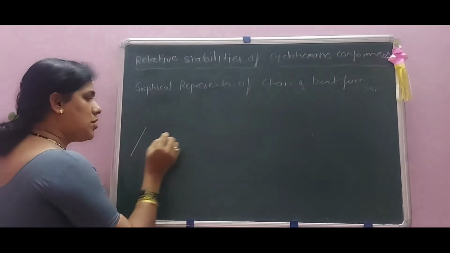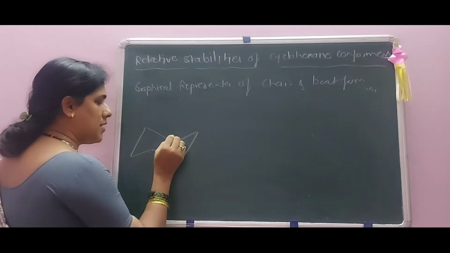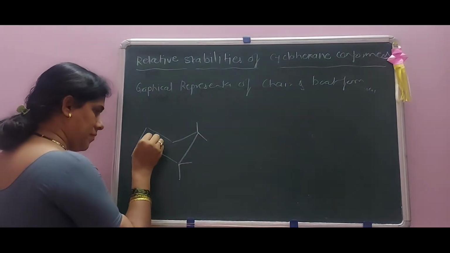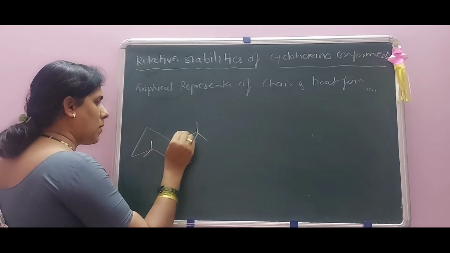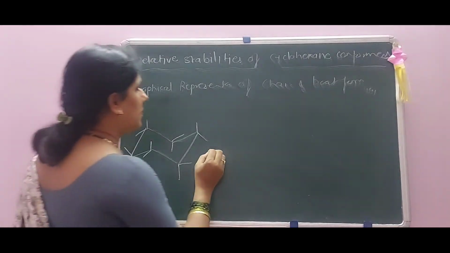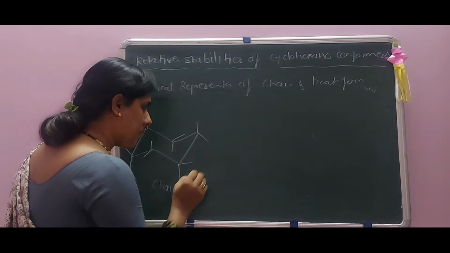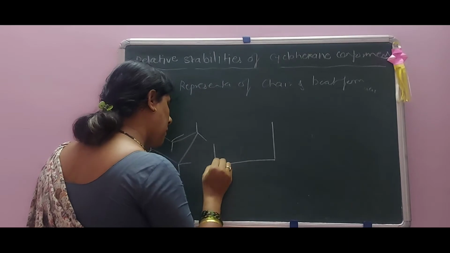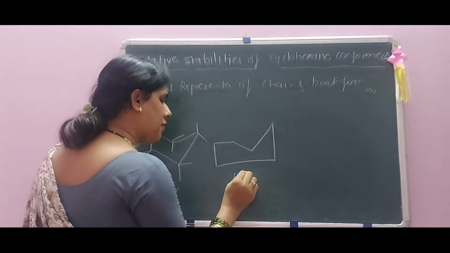So here, this is a chair form, like this. This is a chair form. Then half chair, this is a half chair.